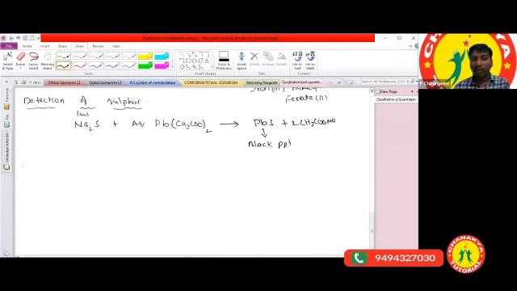Test with sodium nitroprusside. The Lassaigne extract contains sodium sulfide, and to it we add an aqueous solution of sodium nitroprusside.